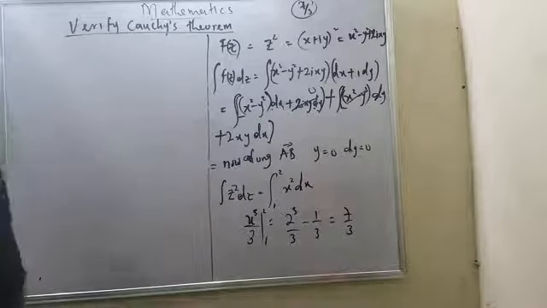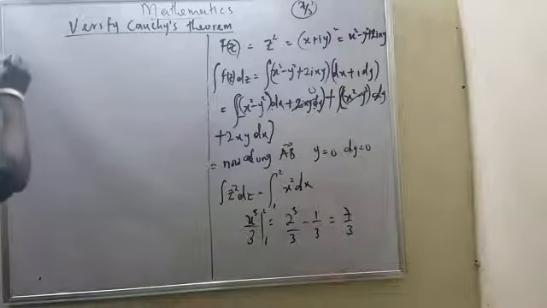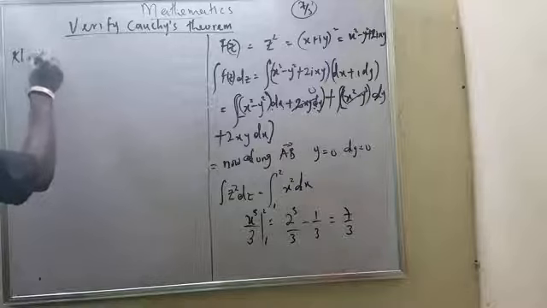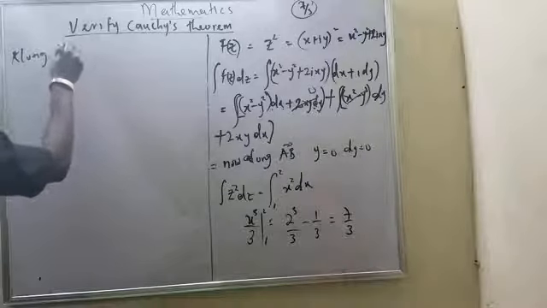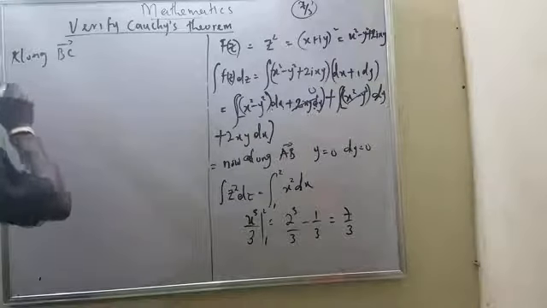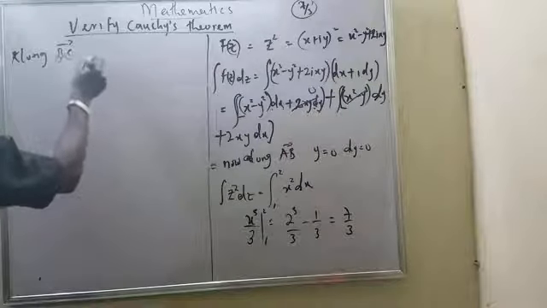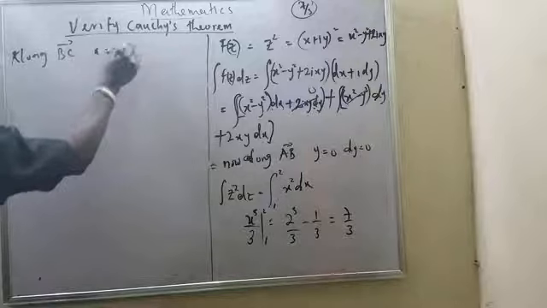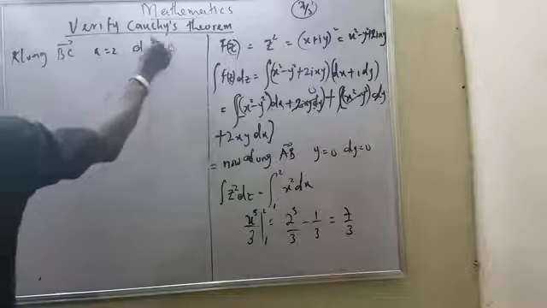Now I will move on to the next one, which is along BC. BC will be the upper part. Please take note of that information: my x equals 2, and dx equals 0.